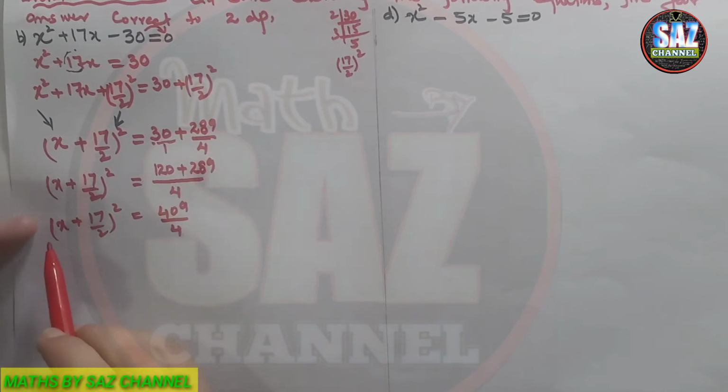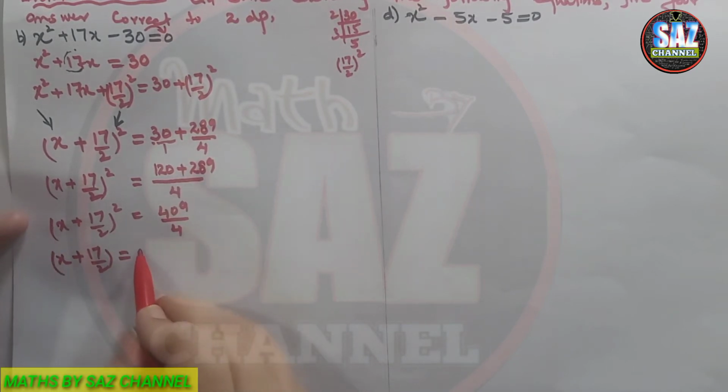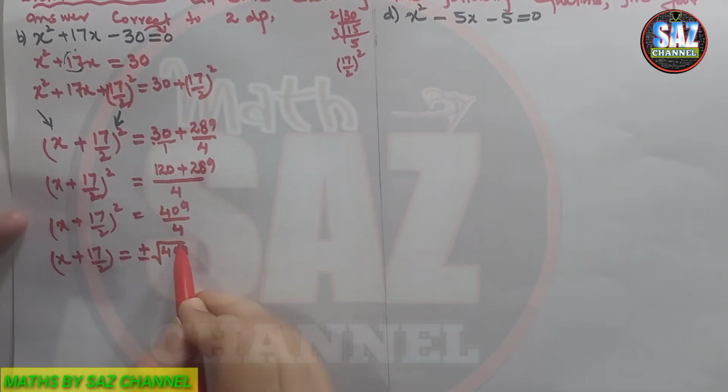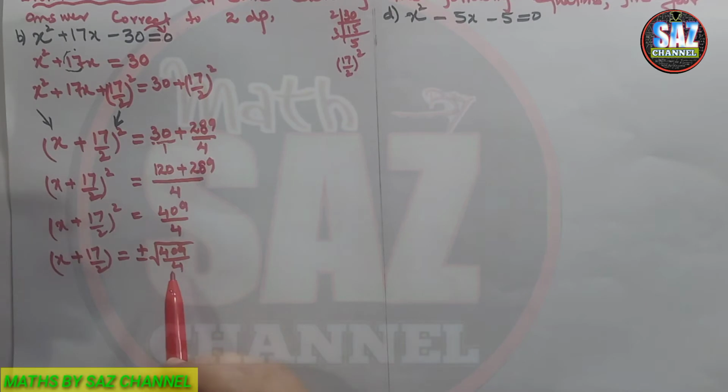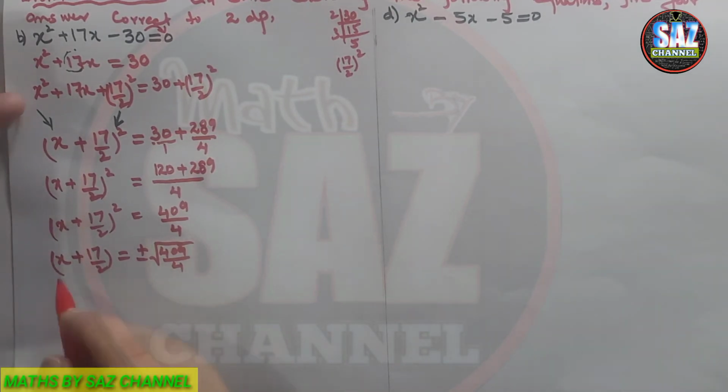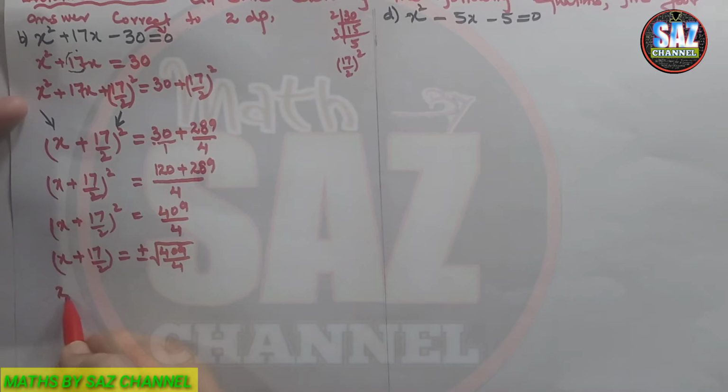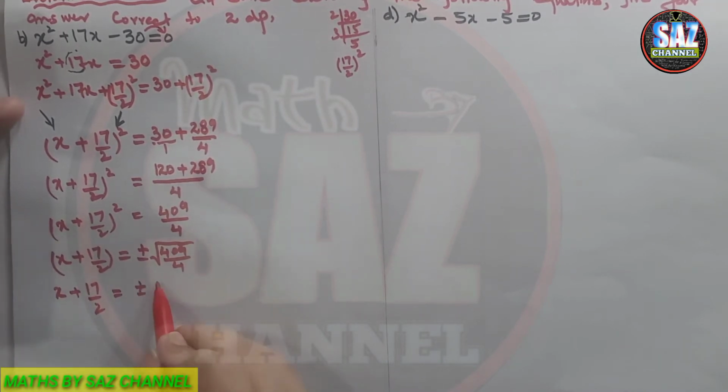In order to get the roots of this equation, I have to take the square root on both sides, and when I take the square root, it will become x plus 17 by 2 equals plus minus square root of 409 by 4. As this 4 is a perfect square, it can be taken out of the square root, and my equation will take the form x plus 17 by 2 equals plus minus square root 409 by 2.